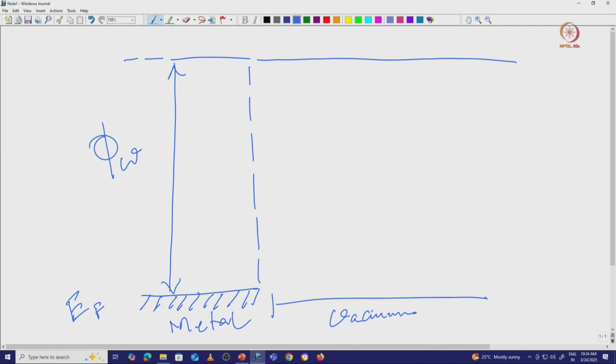I will just use a different color here, maybe red. So, in thermionic emission, what happens? We need this much energy to take out the electron so that there is no speed of that electron. So if we just look at this red curve, we'll get a curve like that. This is called the thermionic emission.